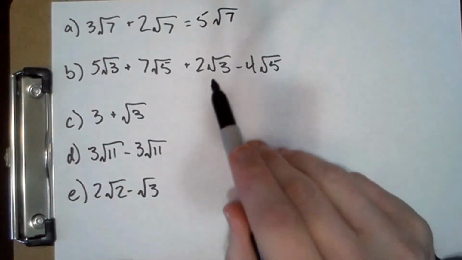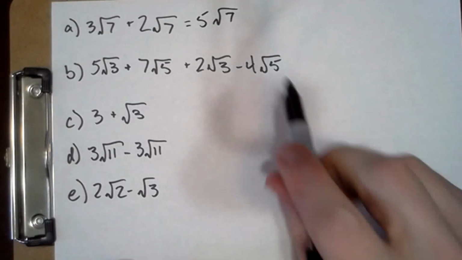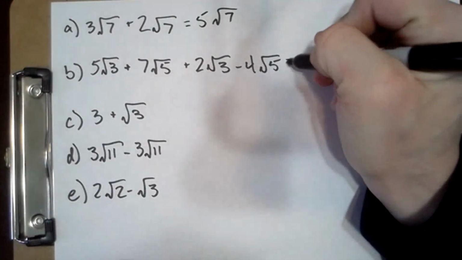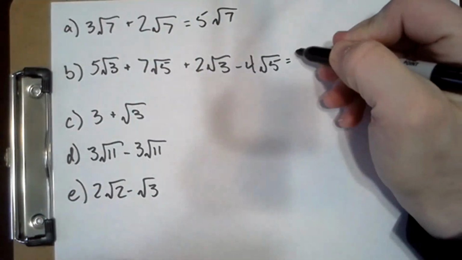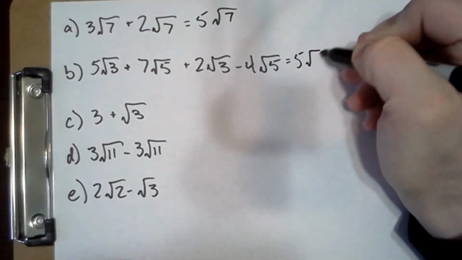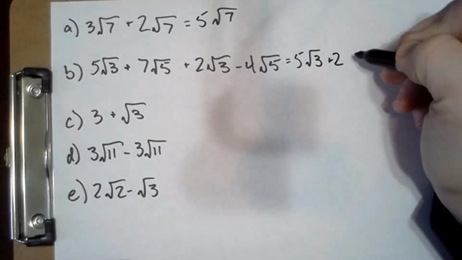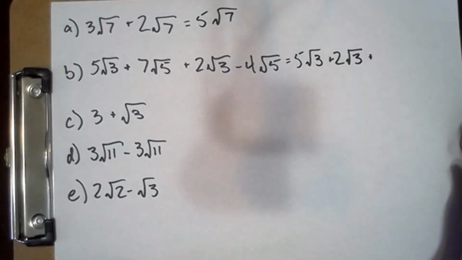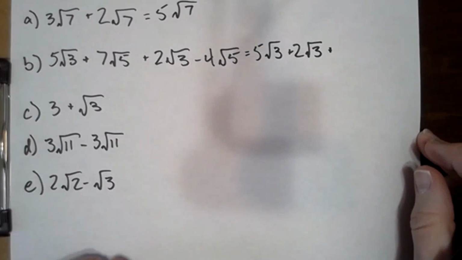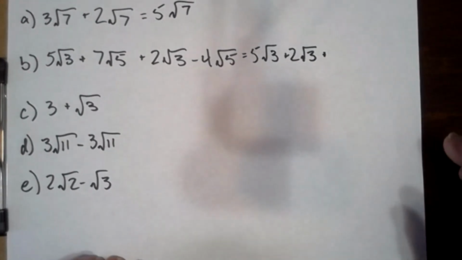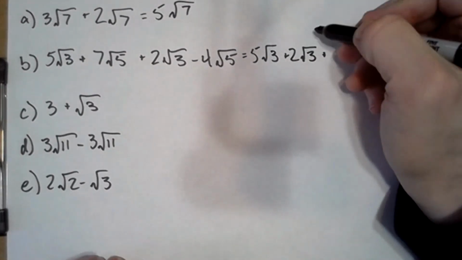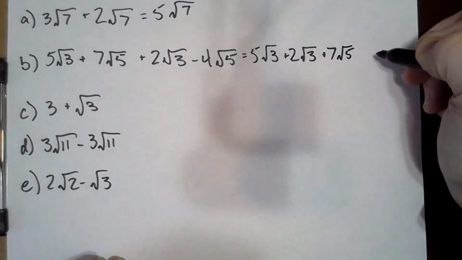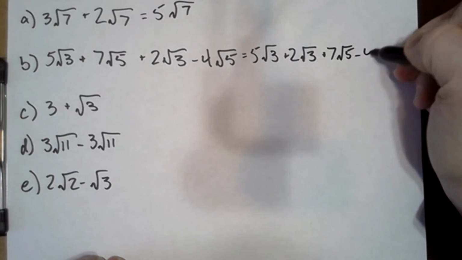In this second one, we have 5 times the square root of 3 plus 7 times the square root of 5 plus 2 times the square root of 3 minus 4 times the square root of 5. So I can rewrite this by grouping the ones with the same radical part. 5 times the square root of 3 plus 2 times the square root of 3, plus 7 times the square root of 5 minus 4 times the square root of 5.